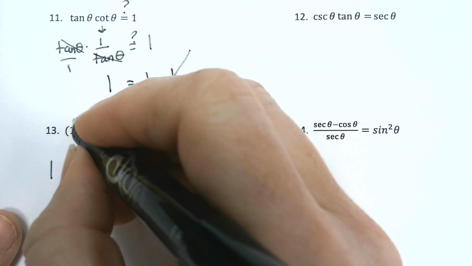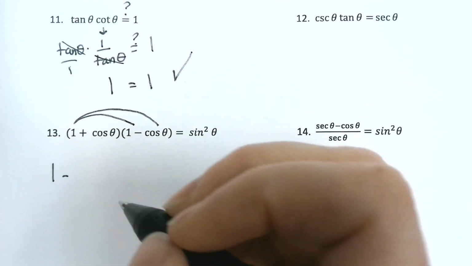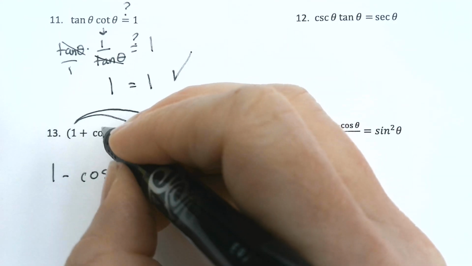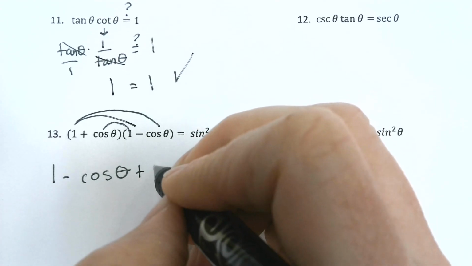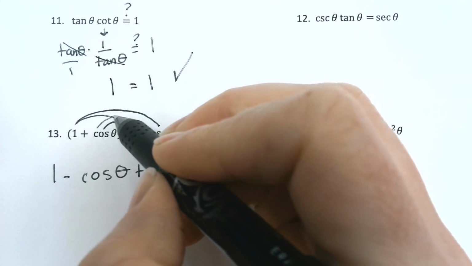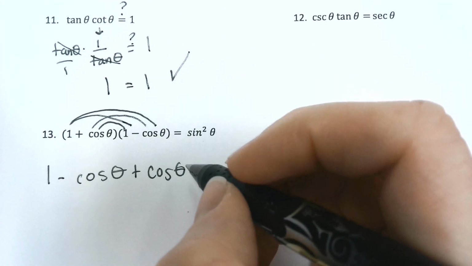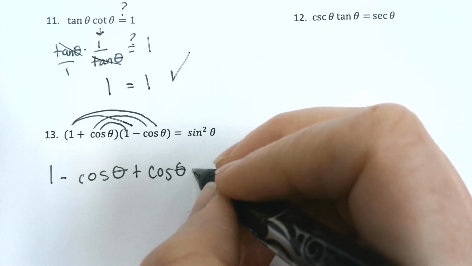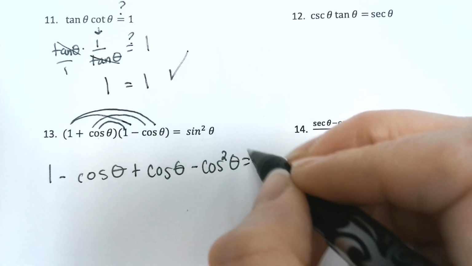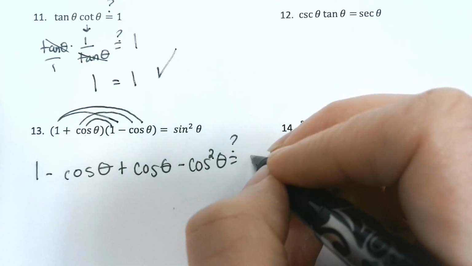So 1 minus 1 cosine theta plus 1 cosine theta minus cosine squared theta equals, with a question mark, sine squared theta.